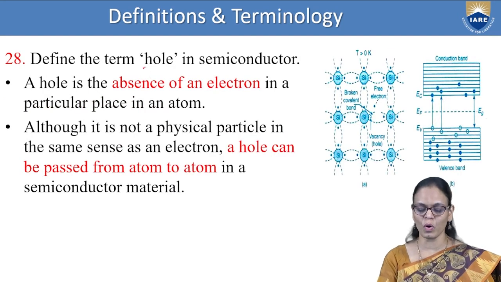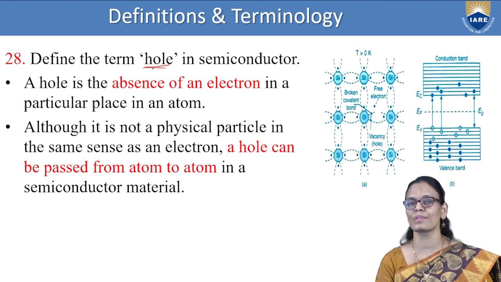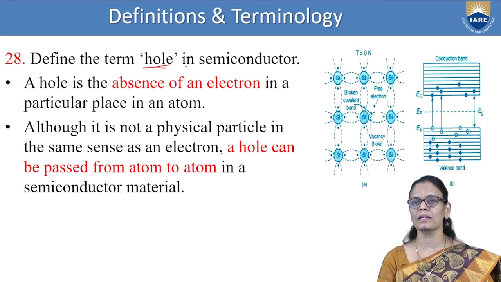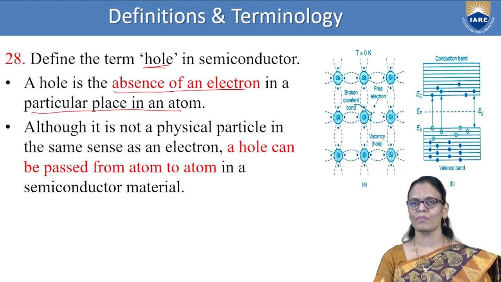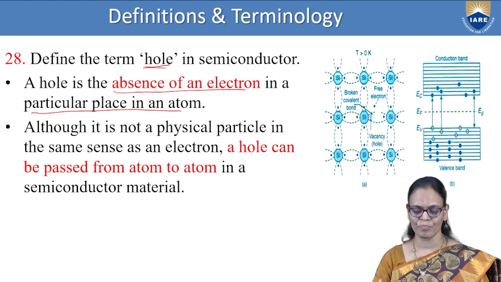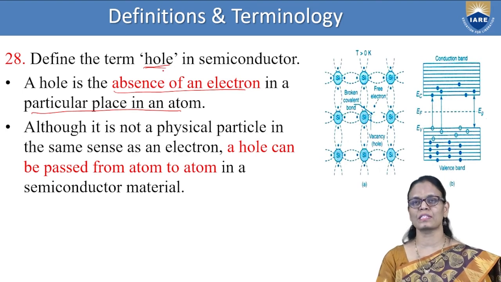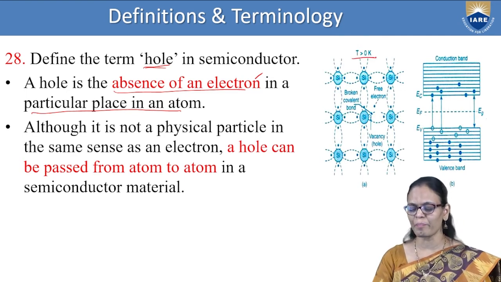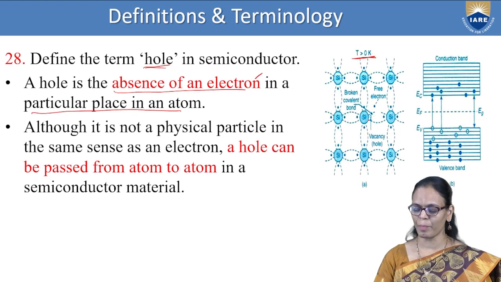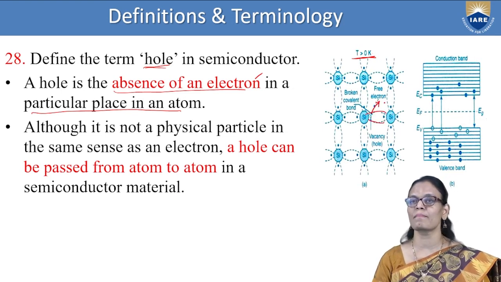Now, define the term hole in a semiconductor. What are holes? A hole is nothing but an absence of an electron in a particular place in an atom. So when we talk about electrons and holes in a semiconductor, a hole is not a physical particle, it is only an absence of an electron. Like we have seen here, when the temperature increases, the bonds are broken, which means the electron becomes free.